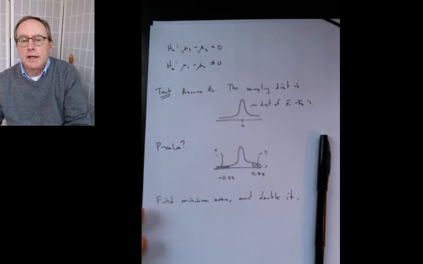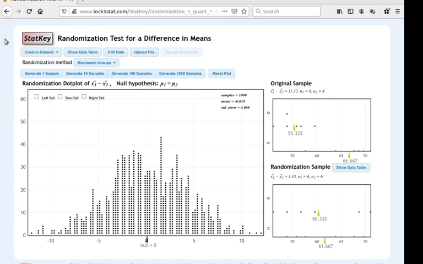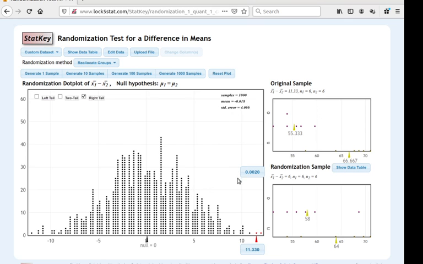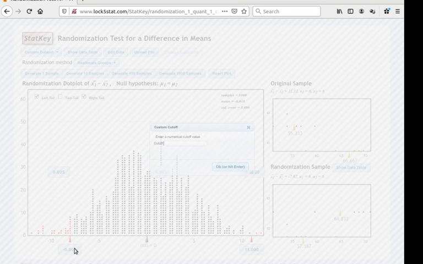So let's ask StatKey, what is the minimum area, and double it. For the right tail, I want 11.33. Okay, and it comes out to 0.002. Pretty small. For the left tail, I want negative 11.33.